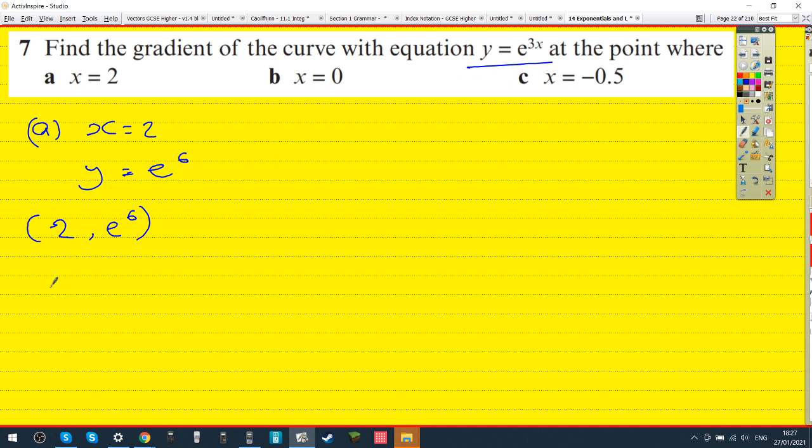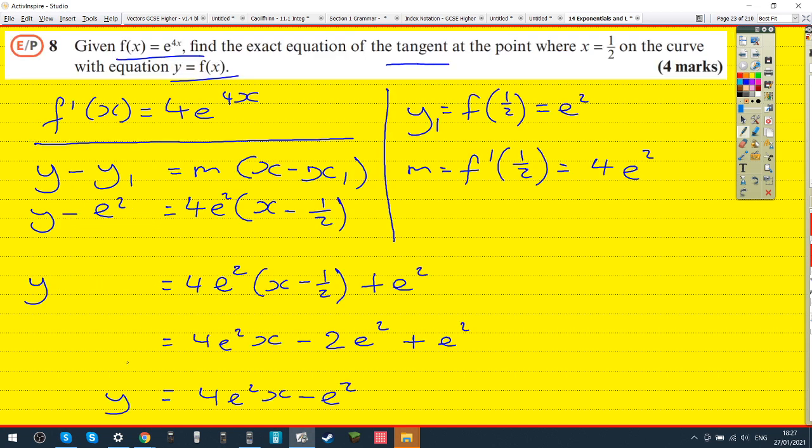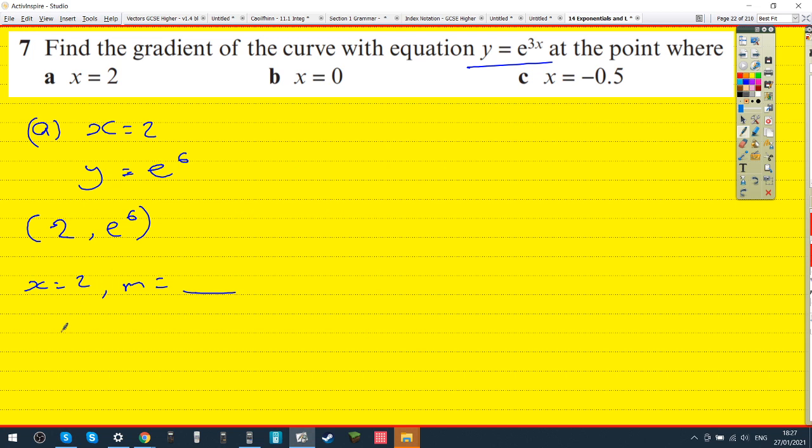When x is 2, what is m? How do we go about doing that? Y minus y1? What part gives us m? F dash of x, the derivative, dy by dx.